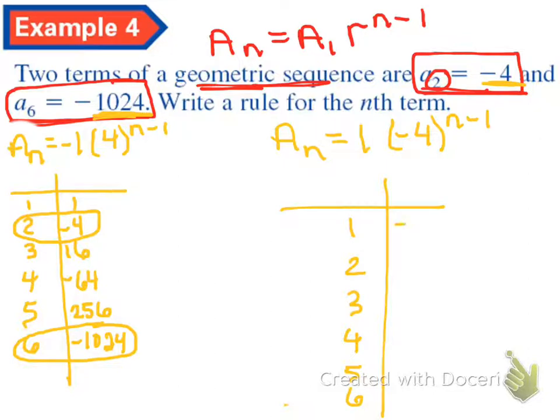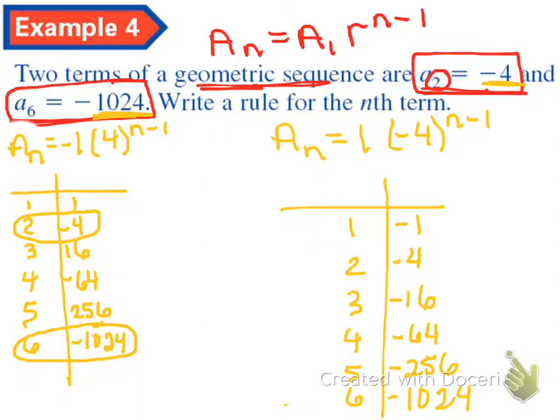The first term you would get a positive 1, the second term a negative 4, the third term a positive 16, the fourth term a negative 64, the fifth term a positive 256, and the sixth term, again, a negative 1024.